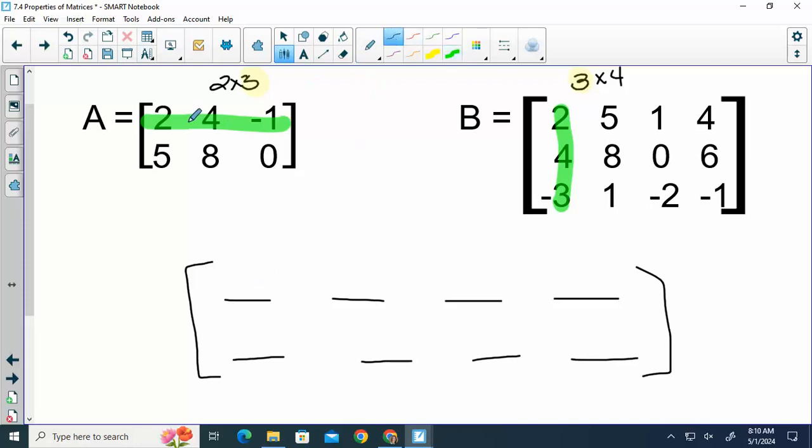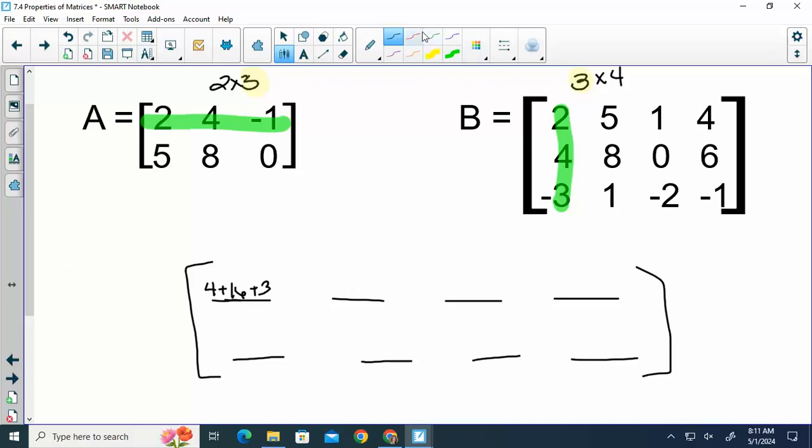To multiply those, you multiply the corresponding numbers. So 2 times 2 is 4, plus 4 times 4, 16, plus negative 1 times negative 3 is 3. If you want to go ahead and add them, you can. I'm just writing out my work to show you where these are coming from.